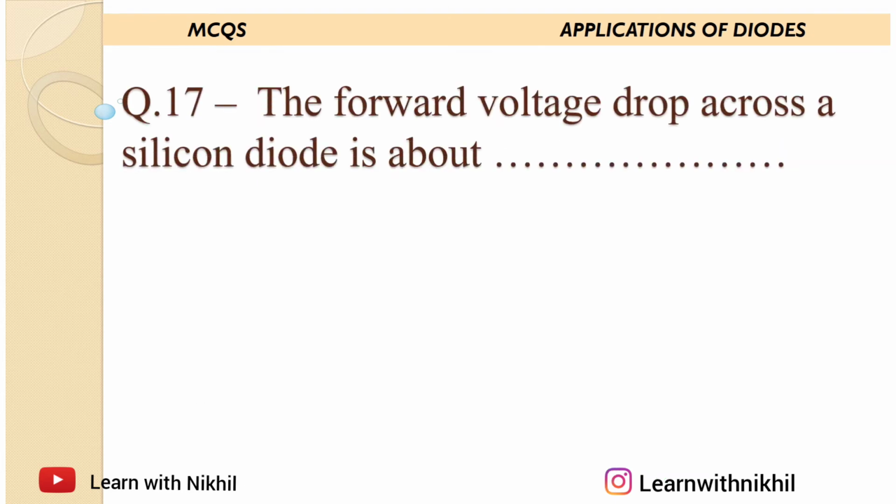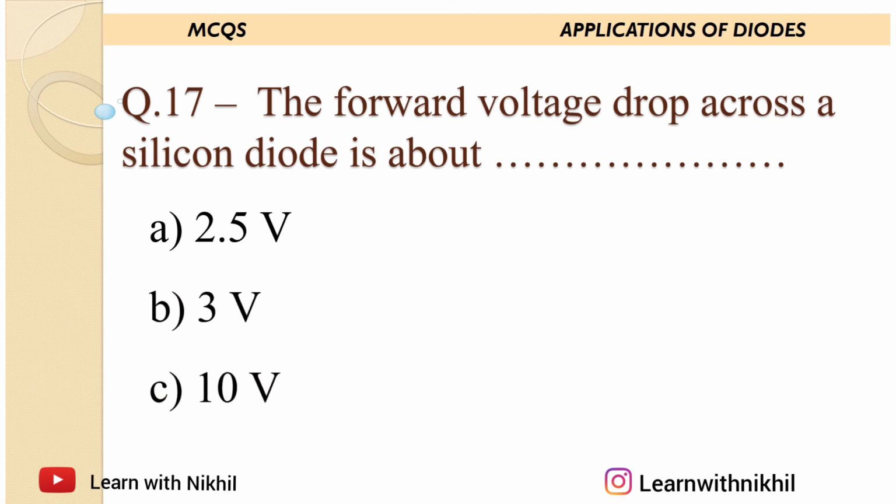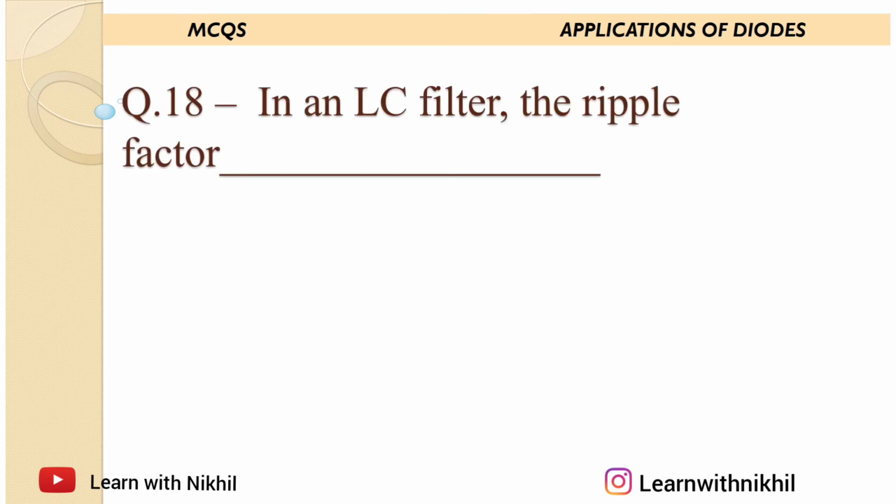Next question. The forward voltage drop across a silicon diode is about A. 2.5 volts, B. 3 volts, C. 10 volts, or D. 0.7 volts. So the voltage drop across a silicon diode is 0.7 volts. Next question.